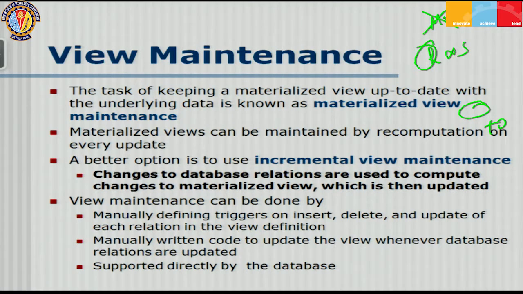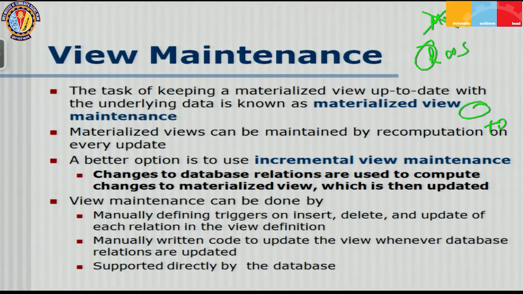What happens in incremental view maintenance is that changes to database relations are used to compute changes to materialized views, which is then updated at a later point of time. There are different strategies for doing this: manually defining triggers on insert, delete, and update of each relation in the view definition; manually written code to update the view whenever database relations are updated; or support directly by databases.